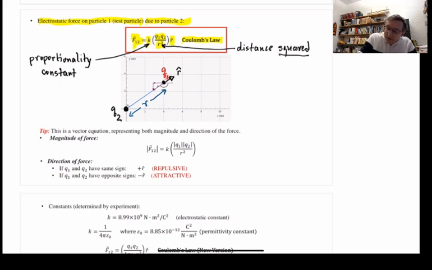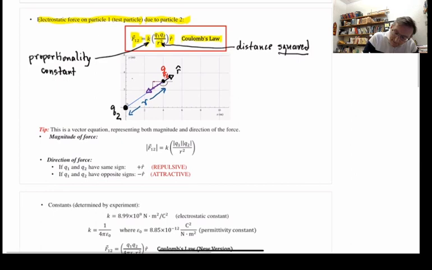And then the force is attractive. Force on 1 due to 2. So it's anchored on 1 and it points towards 2. That's F12. Okay?